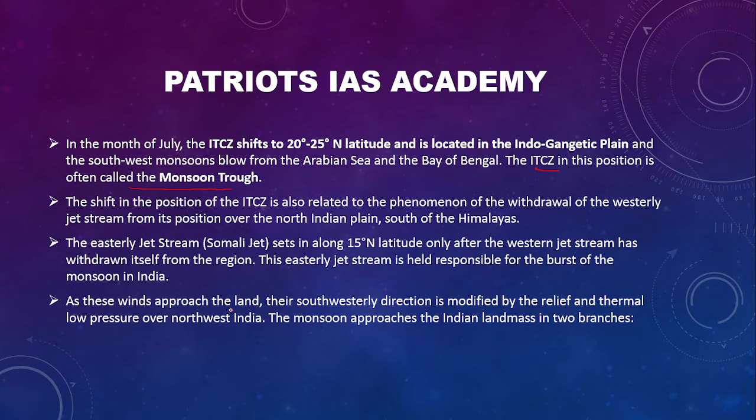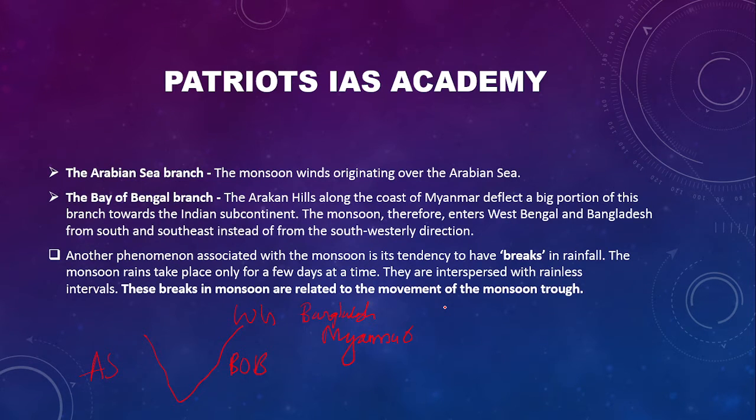As these winds approach the land, their southwesterly direction is modified by the relief and thermal low pressure over northwest India. The monsoon approaches the Indian landmass in 2 branches, the Arabian Sea branch and the Bay of Bengal branch. Monsoon winds originate over the Arabian Sea in the Arabian Sea branch.